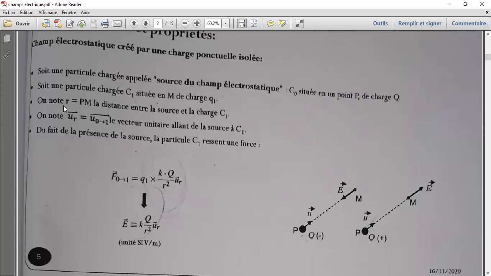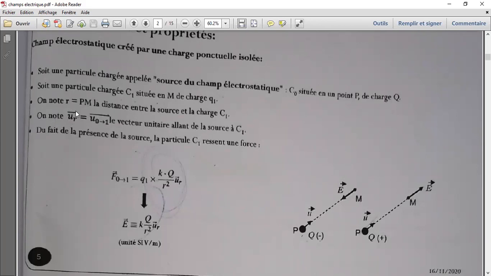Then on note R égal PM, la distance entre la source et la charge C1. So R is the distance between the source, P, and the charge C1, which is at M. The distance between these two is noted R.